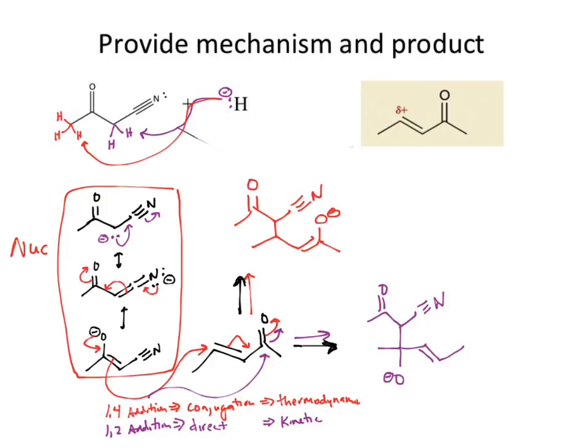I want to compare those to the reactive species in those products. So in the red reaction, I'm looking at a negative oxygen. In the purple reaction, I'm looking at a negative oxygen. What is the difference in stability between a negative oxygen and a negative oxygen? Nothing. What does that mean?